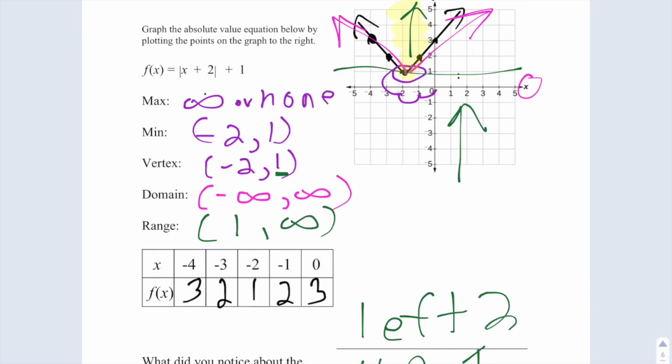And if you take a peek right here, the up part comes from this number on the outside of the absolute value function, and the left 2 part comes from the inside of the absolute value expression, and it's opposite of what you think. See how it's plus 2 in here, but we went left 2? That's because when it's inside, it moves left and right, and it's opposite of what you think. When it's outside, we move up and down, and it's exactly what you think.